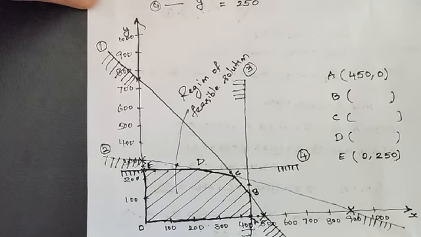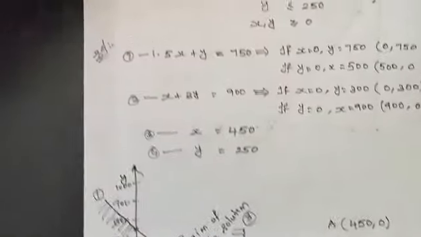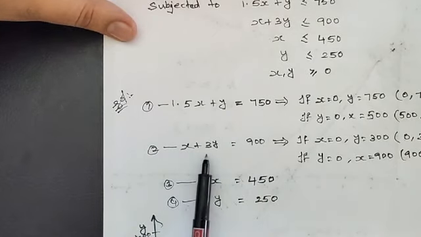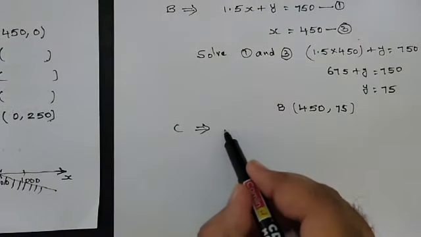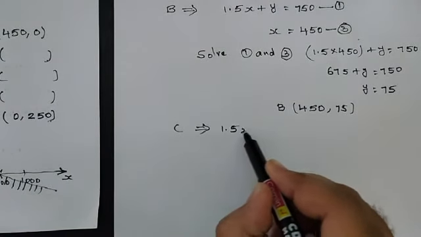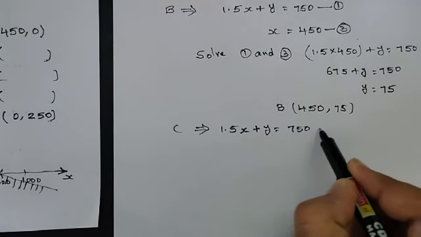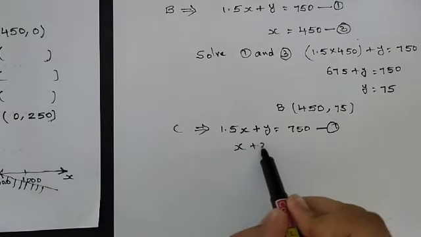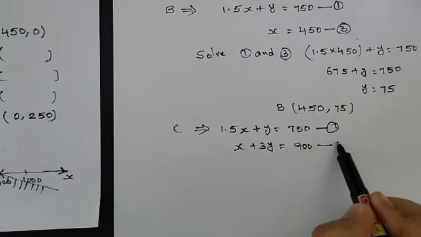Line 1, line 2 intersection will make point C. So now let us solve equations 1 and 2. 1.5x plus y equals 750, x plus 3y equals 900. Now I am writing them. 1.5x plus y is equal to 750 and x plus 3y is equal to 900.